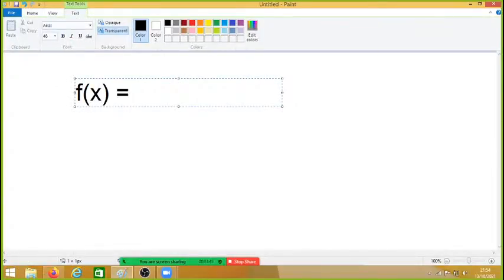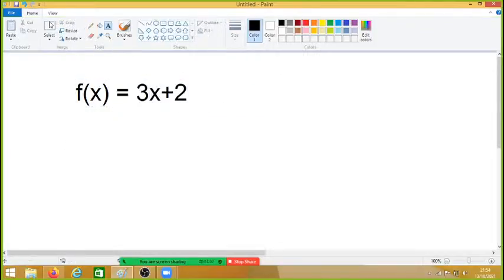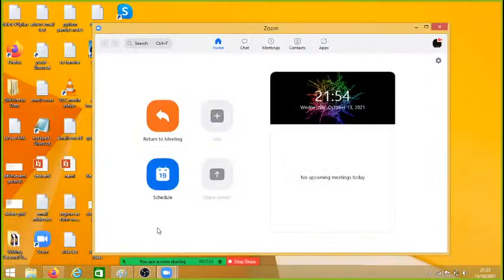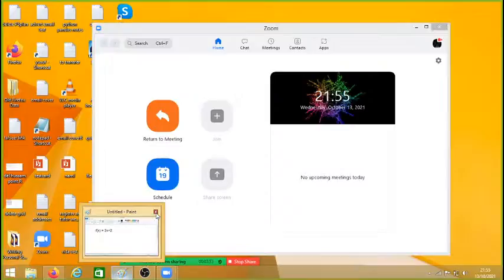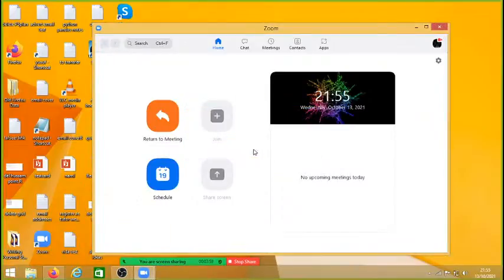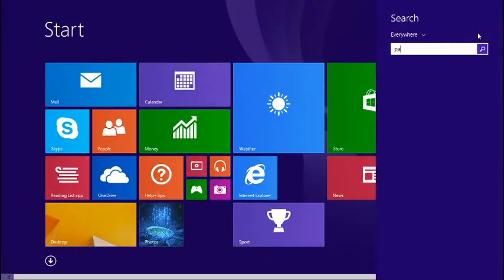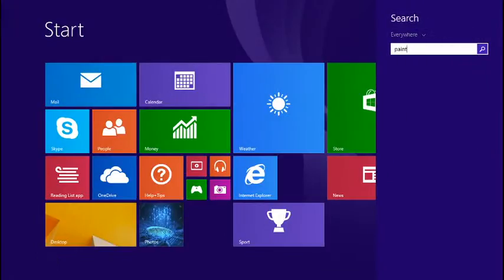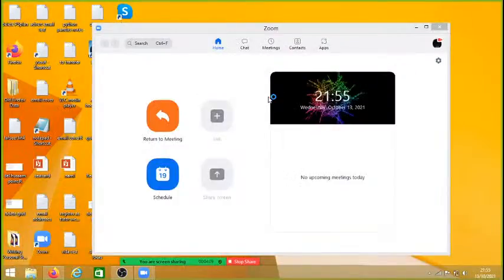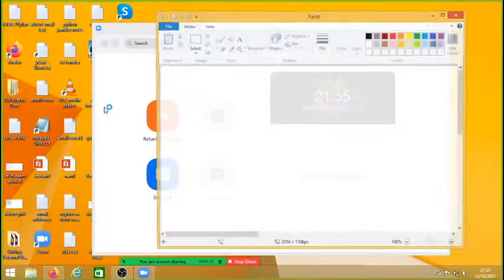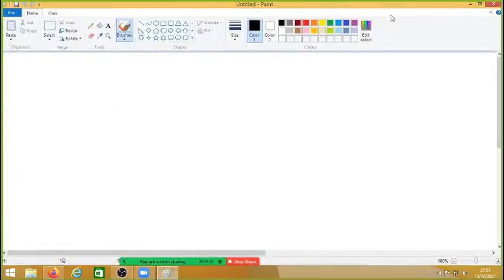So let's start that again. f of x equals 3x plus 2. No, it's not working. Okay, that looks like it's better.